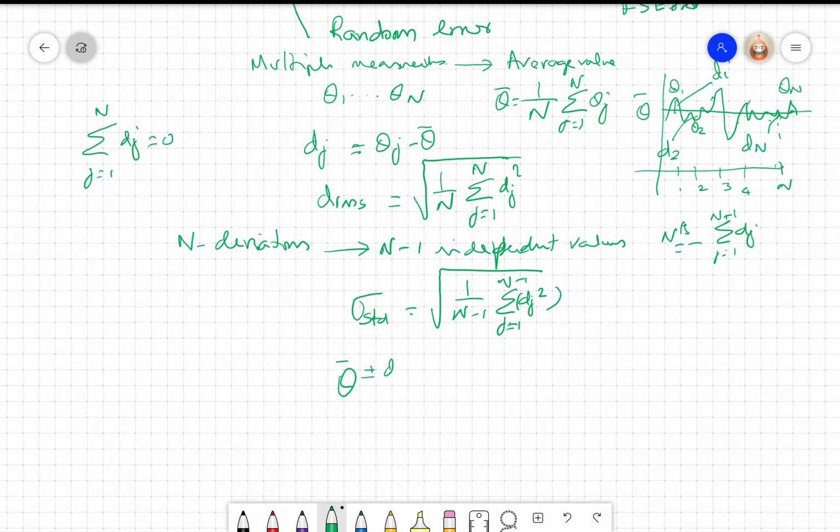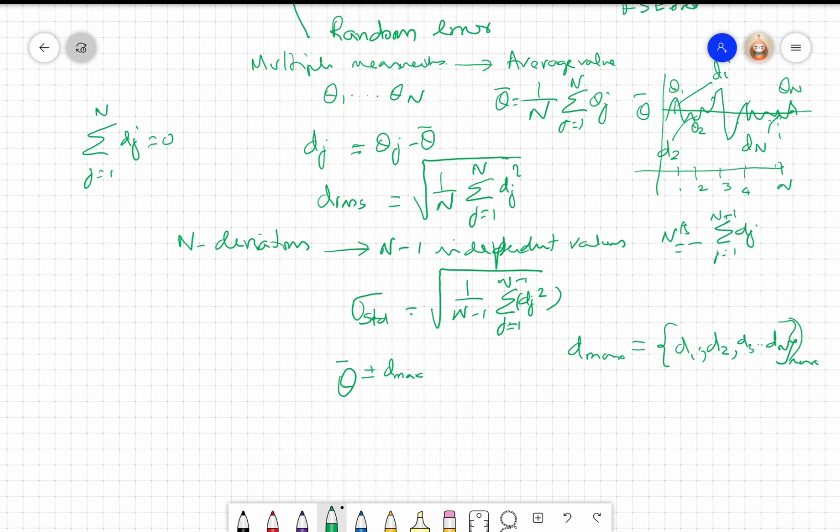So this could be d max, which means you find out of all the d1 to dn, where d max is equal to the maximum of d1, d2, d3, dn. So one particular value will be the maximum value that we take. We take the positive maximum and we take the negative maximum. Normally we put identical.